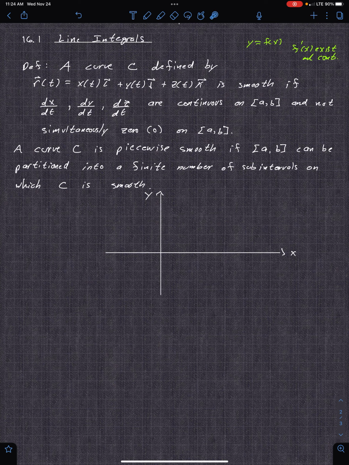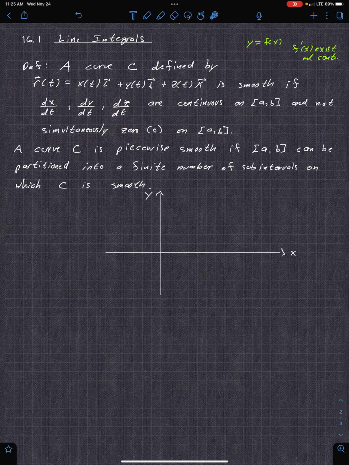So in this case, when you have a function defined in terms of r of t, we say that r of t equal to this, like a spiral or something, is smooth if each of these derivatives, and it's not a partial, each of these derivatives are continuous, just like this one, on AB, and not simultaneously zero on AB. That's the only other stipulation that we have.